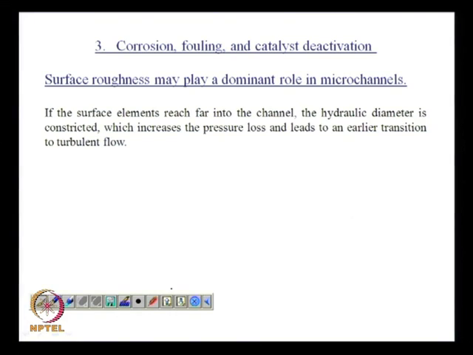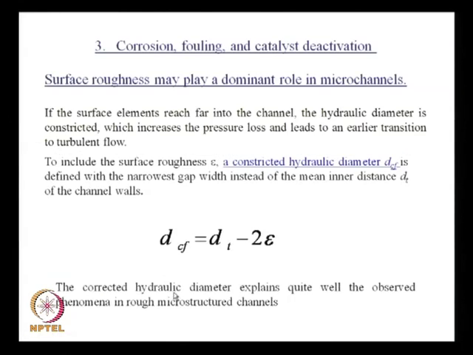So, this is an additional consideration for micro channels. The corrosion, the fouling, etc., that one has to take into account, the surface roughness has to be incorporated into your calculation.